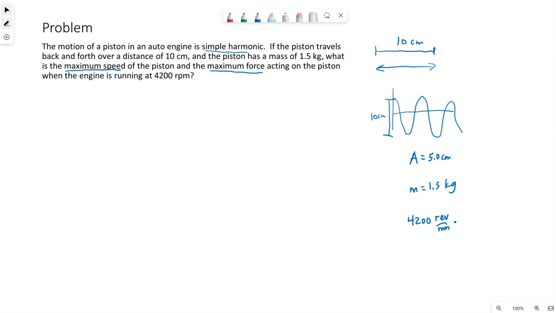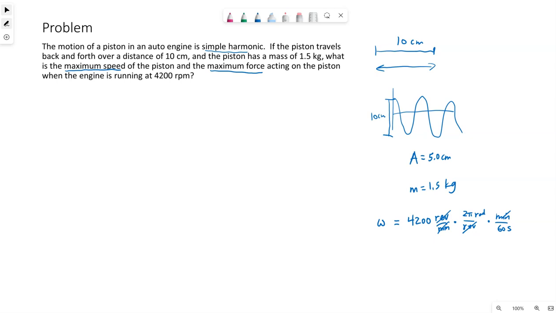If we convert this to radians per second, it will be our angular frequency, our omega. So 1 revolution has 2 pi radians, so that cancels our revolutions out. We want to get our minutes into seconds, so our minutes cancel.